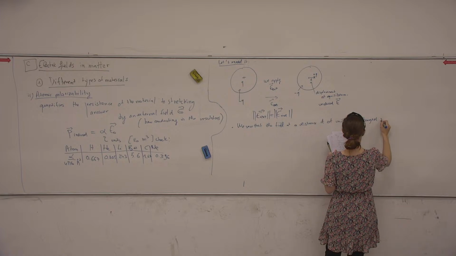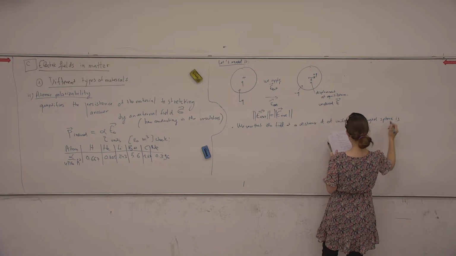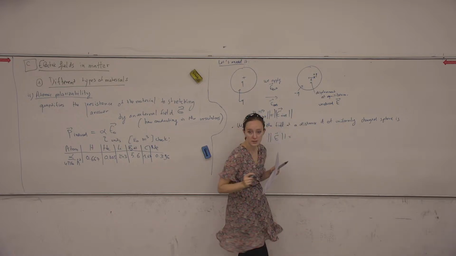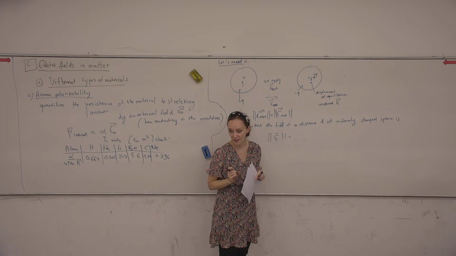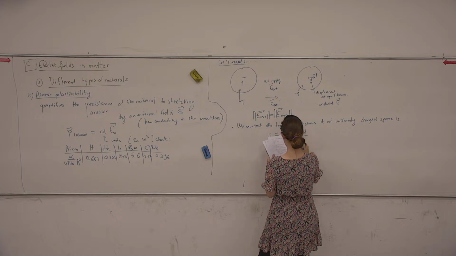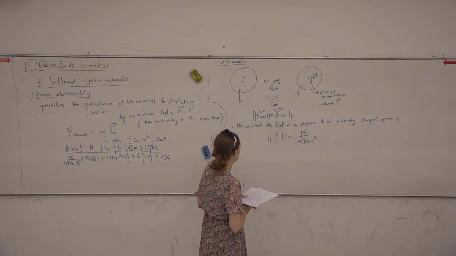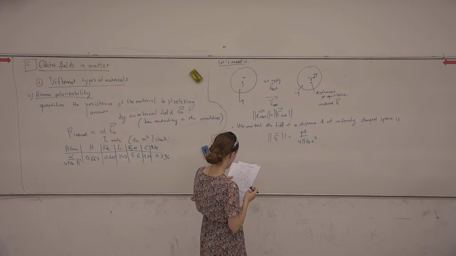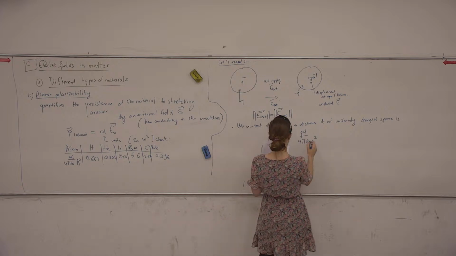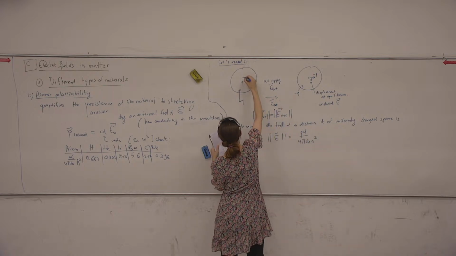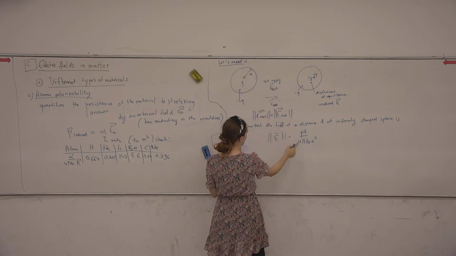Do you remember? Remember the normal field from a point charge. It's Qd divided by 4 pi epsilon 0 a cubed. No, sorry, it's A, not D, this is A.